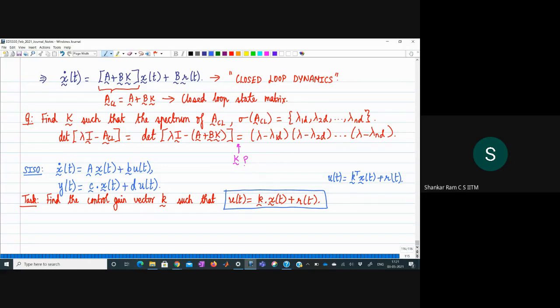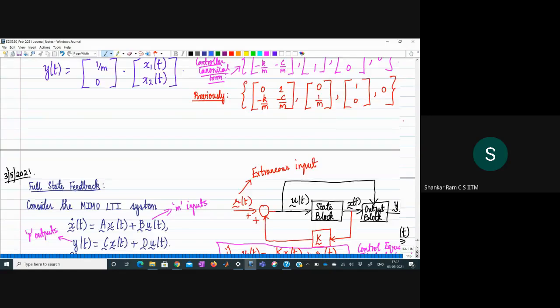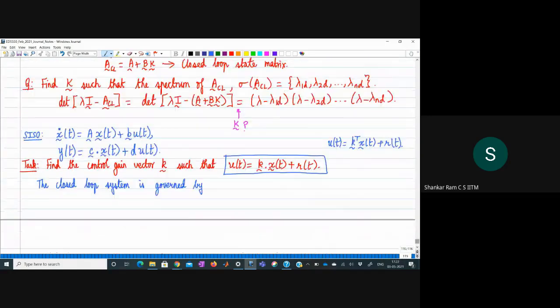Now with this, how do we go forward? When we have u equals k dot x plus r, the closed loop system is governed by, so we follow the same process, right? We need to substitute the equation for u into the original state equation, so that we get the governing equation for the state.